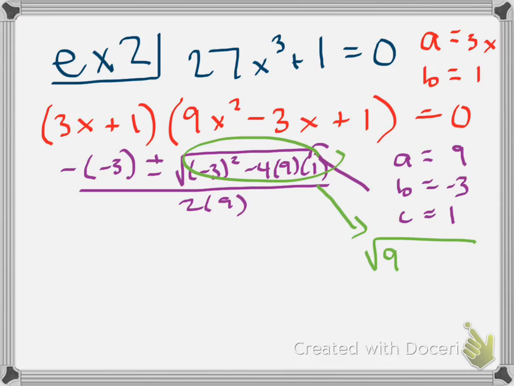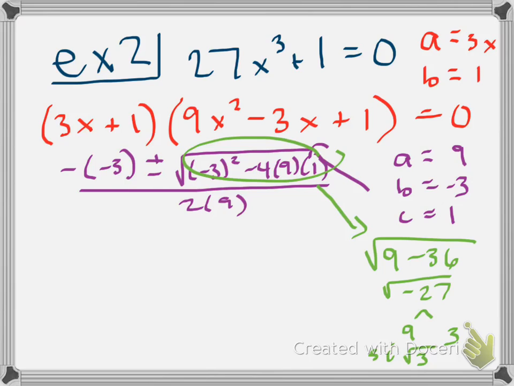So I'm going to take this off to the side. I'll have 9 minus 36. So the square root of, let's see, negative 27. And this will break down to be 9 and 3. So the square root of negative 27 is 3i square root 3. Take that back into the problem.